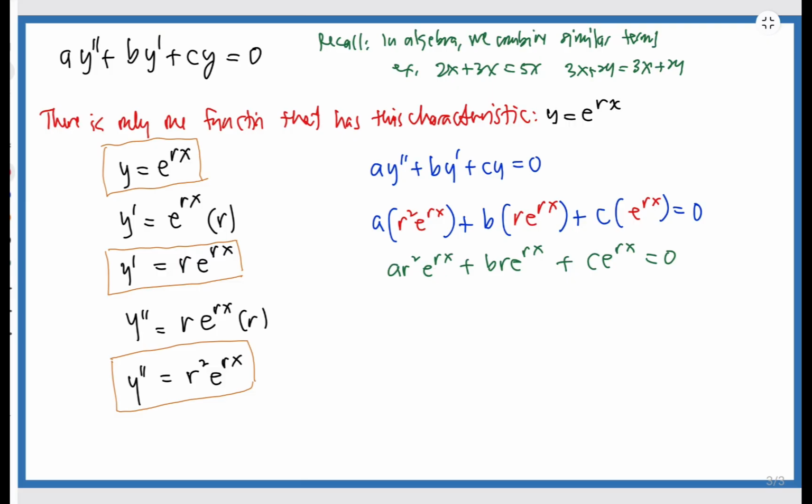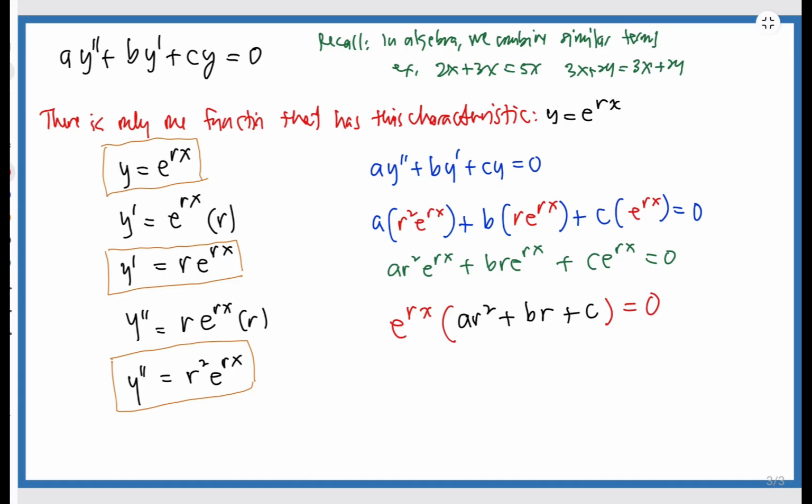Factoring out the common factor e raised to r times x, we are left with a r squared plus b r plus c equal to 0.